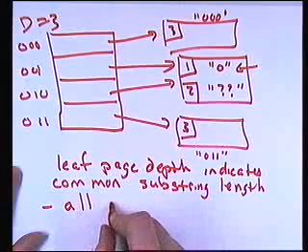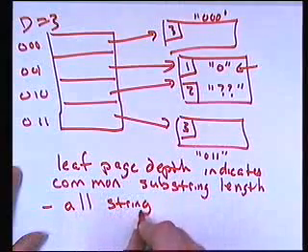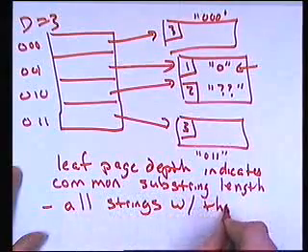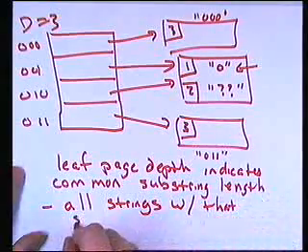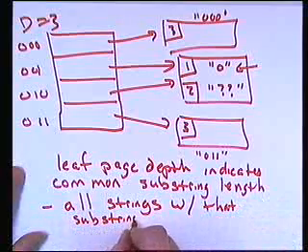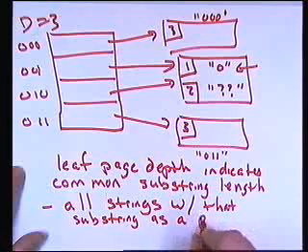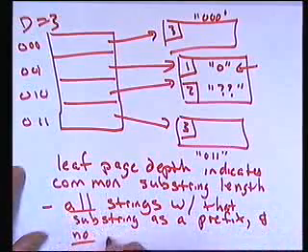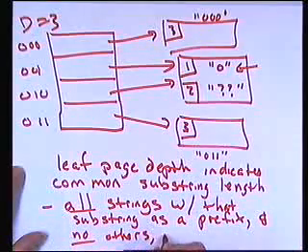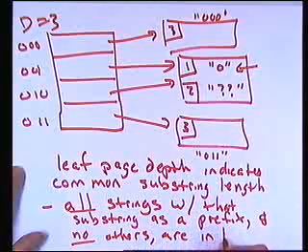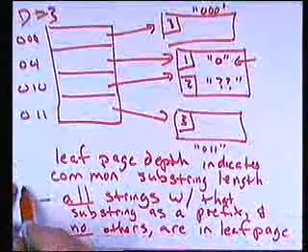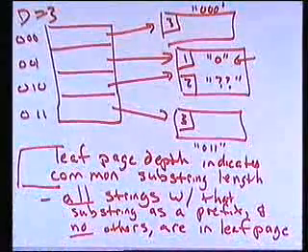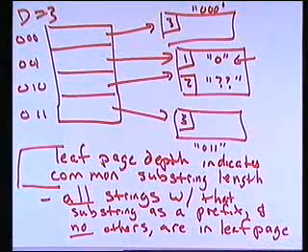All strings with that substring as a prefix, and no others, are in the leaf page. That's our rule, that the leaf page depth is going to indicate the length of the common substring of all the stuff that goes here, or all the stuff that could go here.